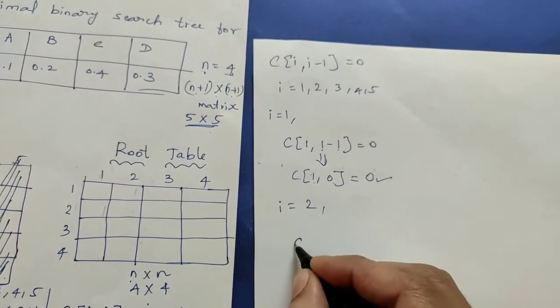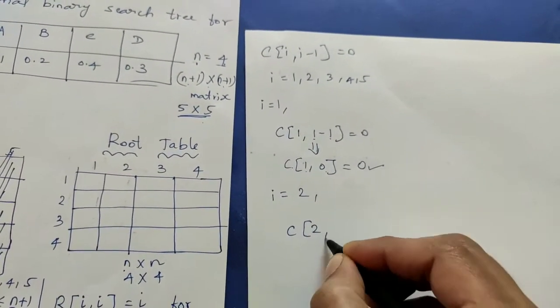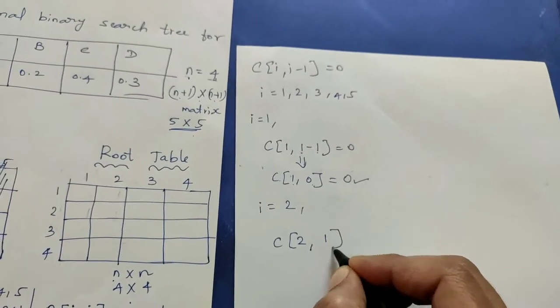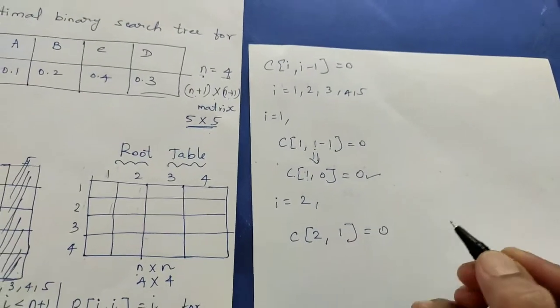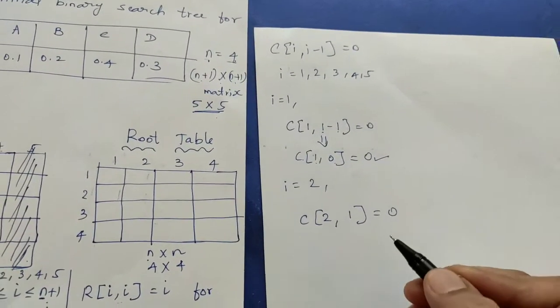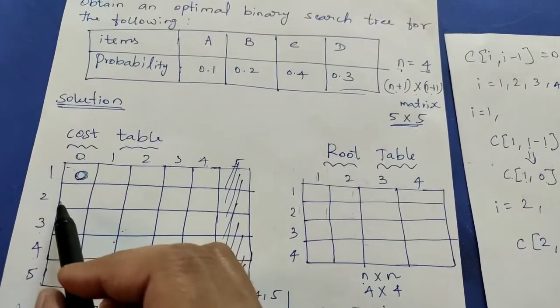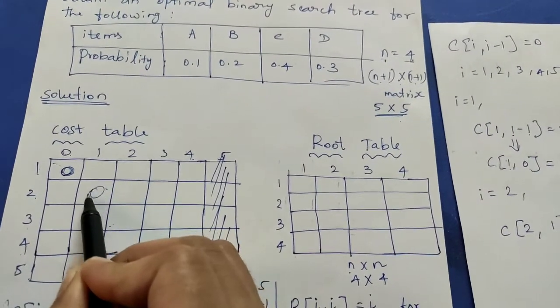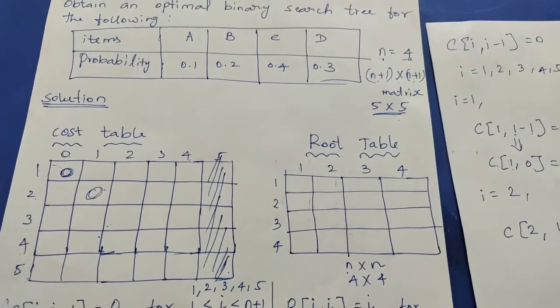Similarly, you apply C of I value is 2. I minus 1 means 2 minus 1, it will become 1. So C of 2 comma 1 is equal to 0. So go to your cost table, 2 comma 1, initialize the value as 0.